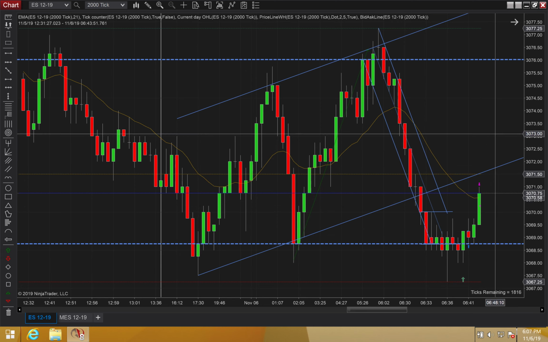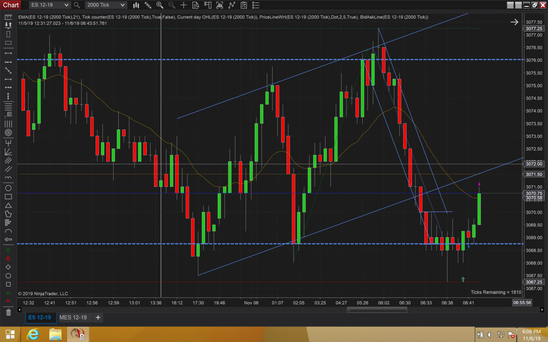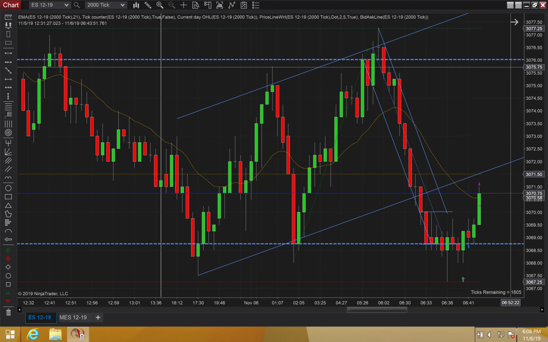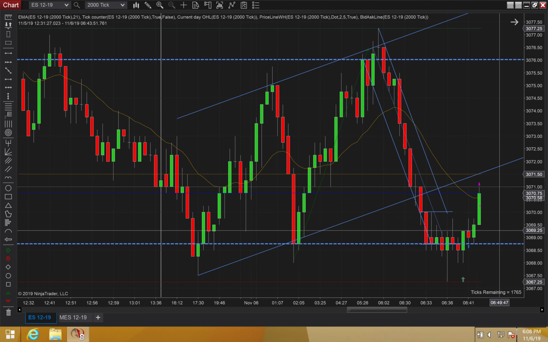Here's actually where I made my mistake today, because for the second contract I have a 3-point arbitrary target, but in this scenario I should be thinking about a target up here, and that's a huge risk-reward situation. So I'll tell you how I managed that second contract and where I think I messed up and should improve for next time.